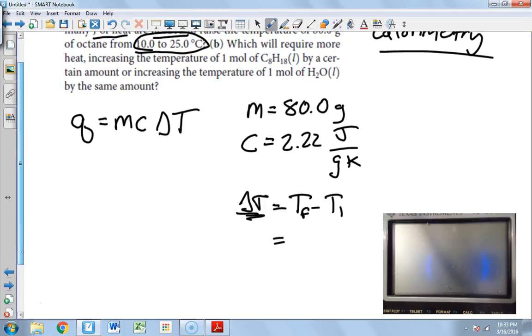Okay, so we're going to go temperature final. The final temperature is 25 minus the initial temperature is 10, so the delta T is equal to 15.